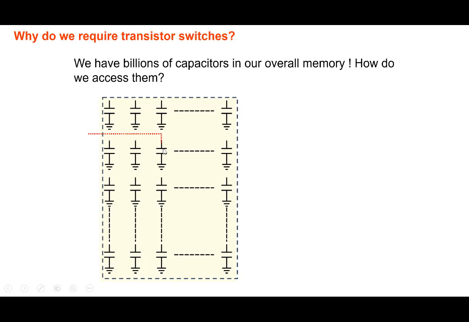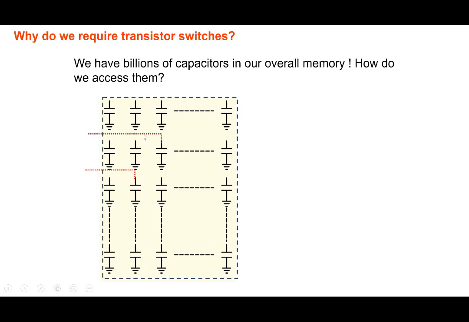To read it, you will have to have a wire connected here that comes out. Remember, the data has to be read from the memory and maybe sent to the microprocessor, the printer, or somewhere else.